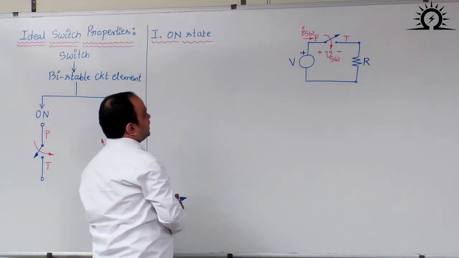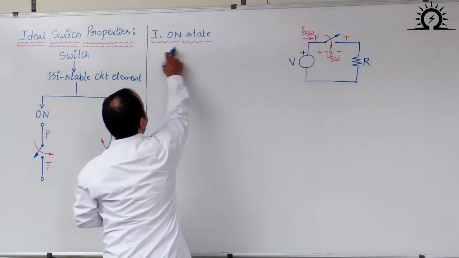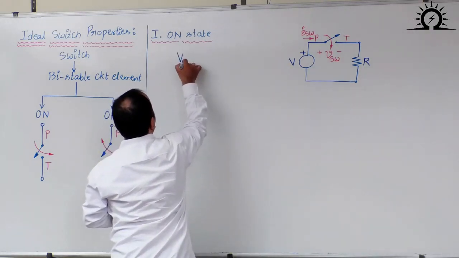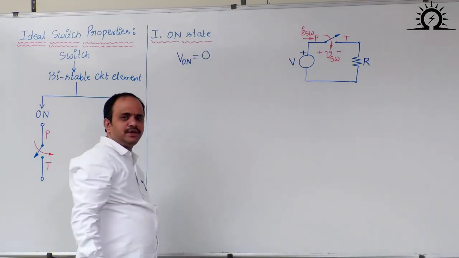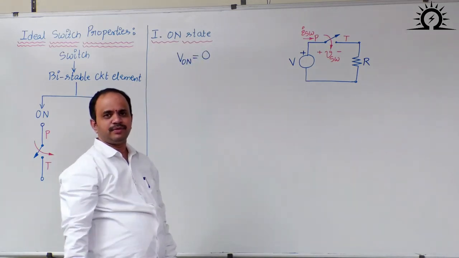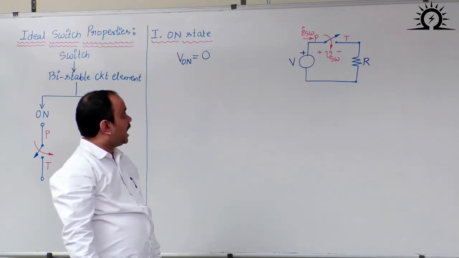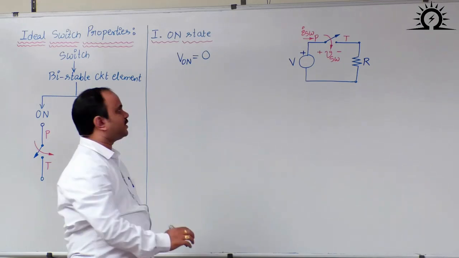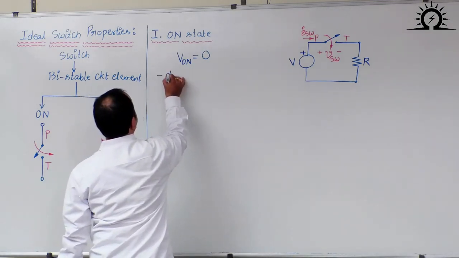So under ideal conditions, when the switch is on, the voltage across the switch is equal to 0, and any amount of current the switch can carry under ideal conditions.